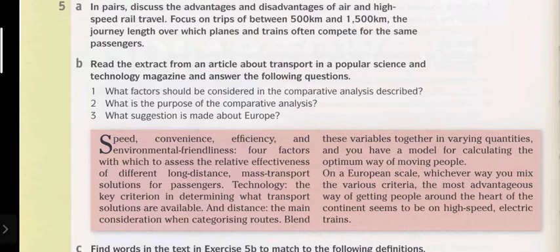قلنا European scale يعني بالنسبة بقى لأوروبا لو جينا نقارن بين كل الكلام اللي احنا اتكلمناه ده speed, convenience, efficiency أو technology و distance لما نيجي نختار وسيلة المواصلات اللي احنا نستخدمها عشان نتنقل من مكان للتاني فهم شايفين إن أفضل وسيلة مواصلات في أوروبا عشان نتنقل بين القارة دي هي الهاي سبيد electric trains.